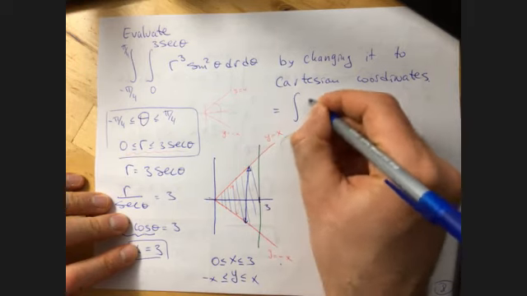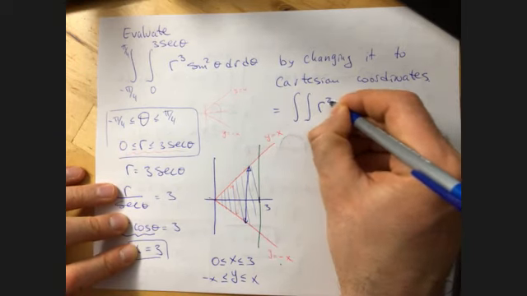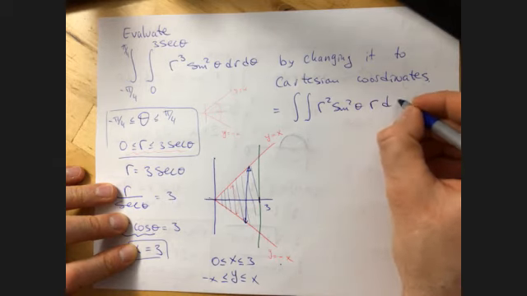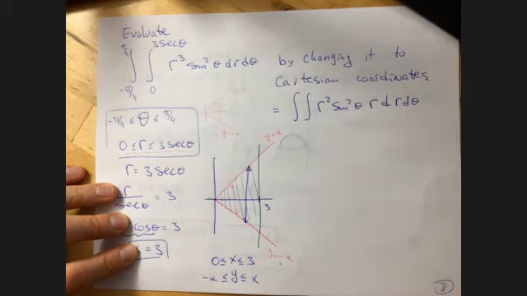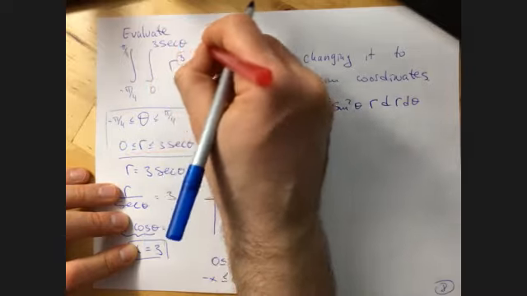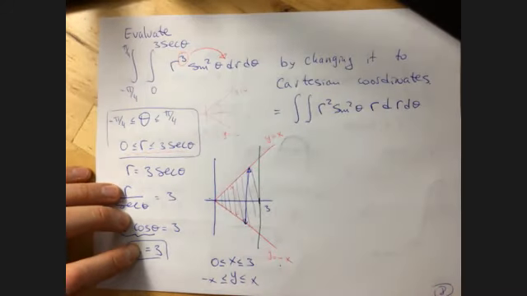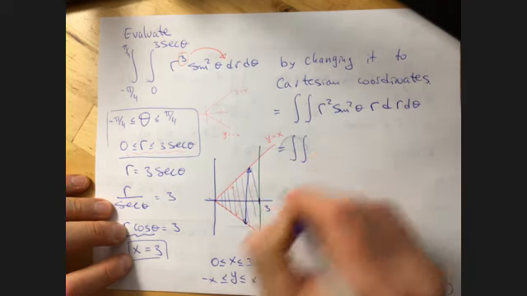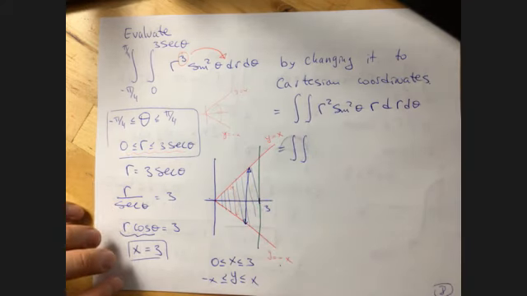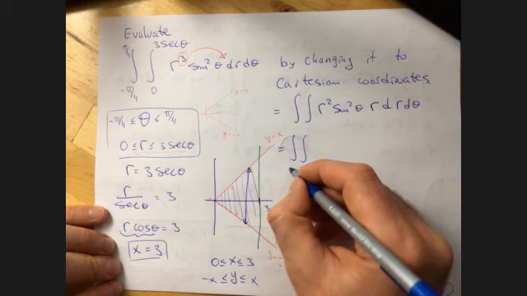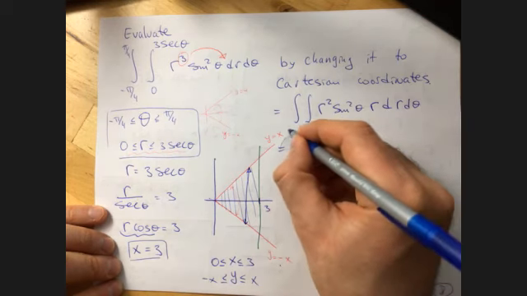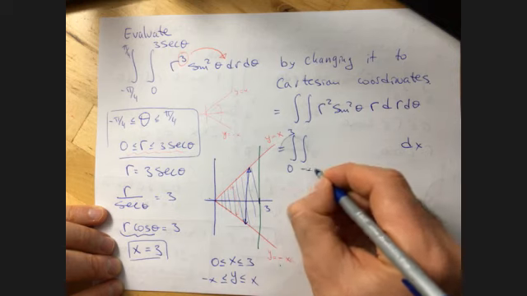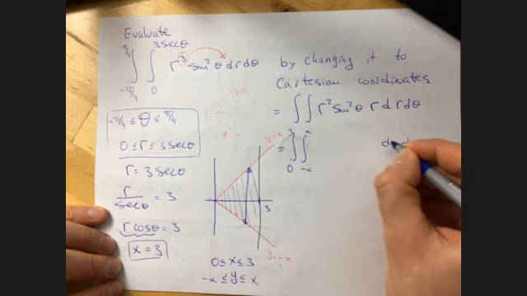So this is the double integral, still in polar coordinates, r squared sine squared theta times the Jacobian r dr d theta. Similarly to the previous example, I borrowed one factor of r. Okay, now we're ready to switch this into Cartesian coordinates. x goes from 0 to 3 dx, y goes from negative x to x dy.